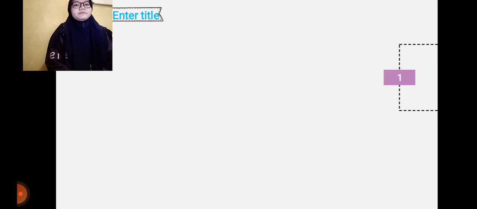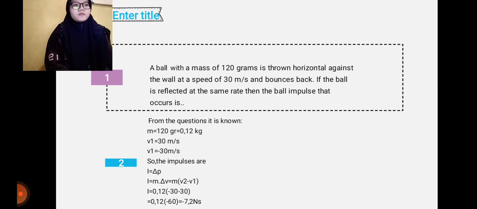Next, exercise 2. A ball with a mass of 120 gram is thrown horizontally against the wall at a speed of 30 meters per second and bounces back.